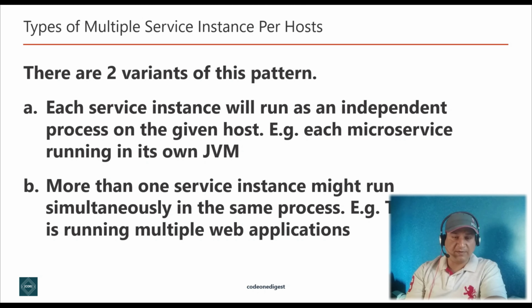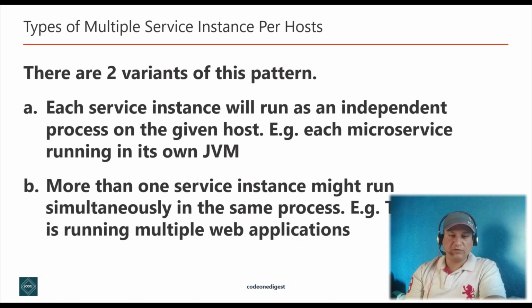Friends, let's understand what the different variants of this design pattern are. As this is a deployment design pattern, we have two variants. First, each service instance runs as an independent process on a given host, for example, each microservice instance running in its own JVM. So this is one way of implementing this pattern.